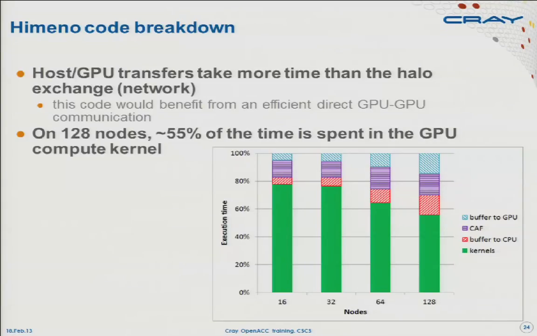By the time you get to 128 nodes, only about half of the time is actually in GPU compute. So if you're trying to strong scale this problem, you need to think a lot more about opportunities to improve the communications rather than improving kernel efficiency, because it's no longer the full limiting factor in your application.